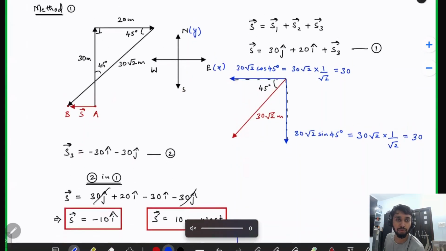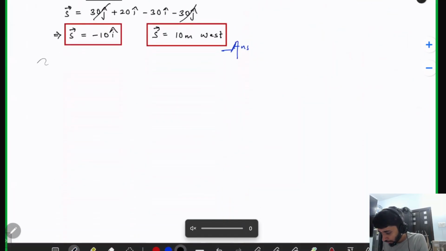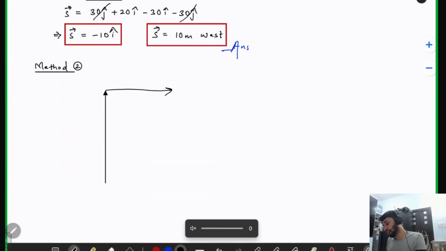And if you try to do it geometrically, which I actually did try doing here, it is a little difficult. Let us see. So if I use the second method, geometrically, with the help of trigonometry, the person first goes 30 meter north like this, then he goes 20 meter to the east.